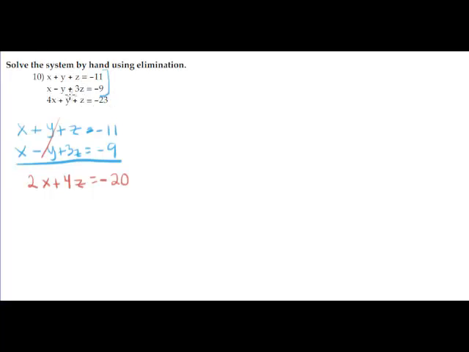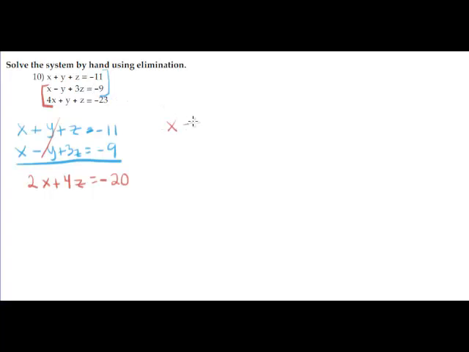I have to use the third equation now, but I can use either the first or the second one with that third one. So I think I should use the second and third one because, again, I'll be able to cancel out my y's without even having to do anything.